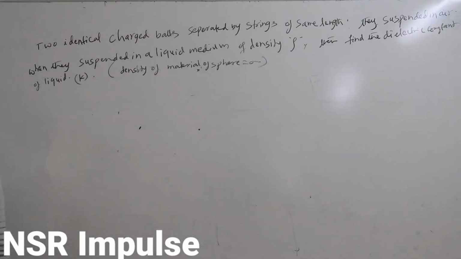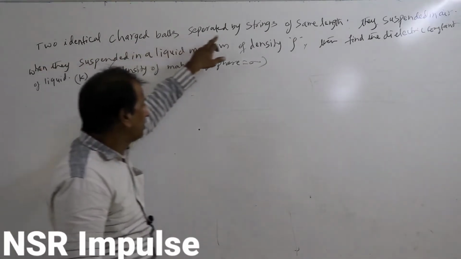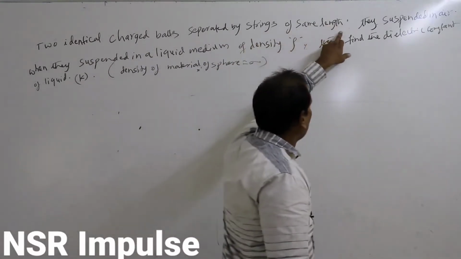That is the density of the material of the sphere. See, first, identical charged balls separated by strings of the same length.